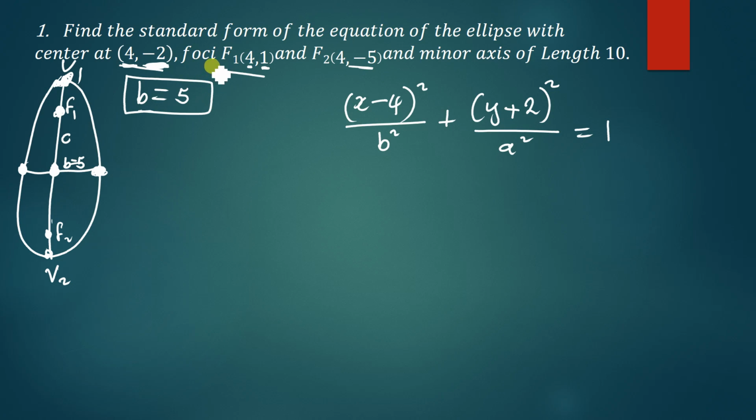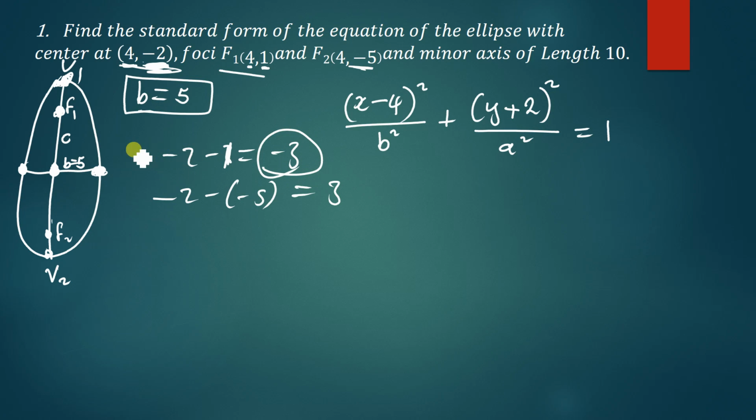Here it was supposed to give us -3, because if you say -2 minus 1, the answer will be -3. Then if you say -2 minus -5, the answer will be +3, which is just okay, because this shows the displacement of the focus point from the center.